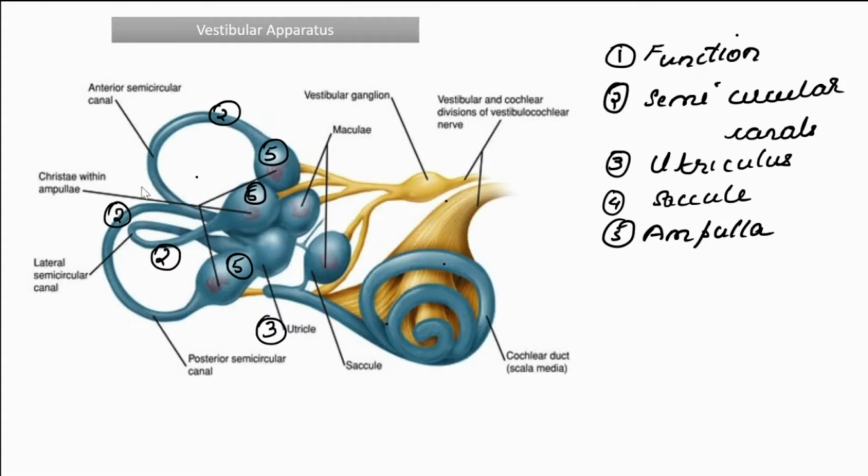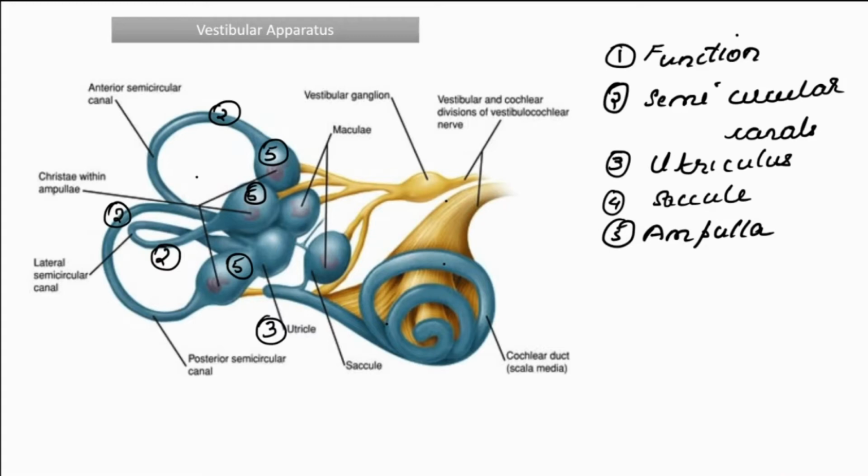The vestibular apparatus is mainly concerned with maintaining equilibrium of the body. That's why some persons fall faint because of a problem with the vestibular apparatus. They lose the ability to maintain body balance.